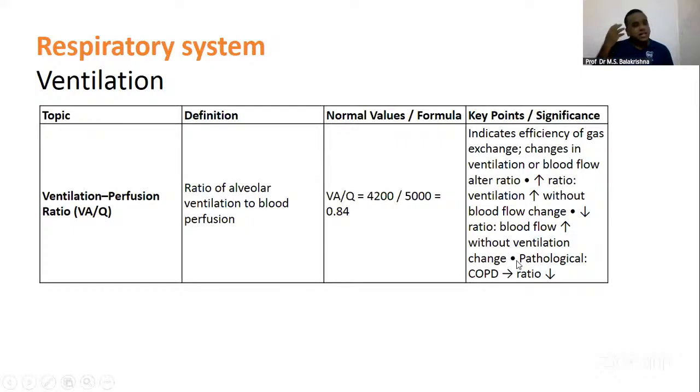Gas exchange is taking place, but at what efficiency? It tells you about changes in the ventilation or blood flow to the lung. The ratio increases if the ventilation is more, or without blood flow change, and indicates whether your blood perfusion is proper or not.